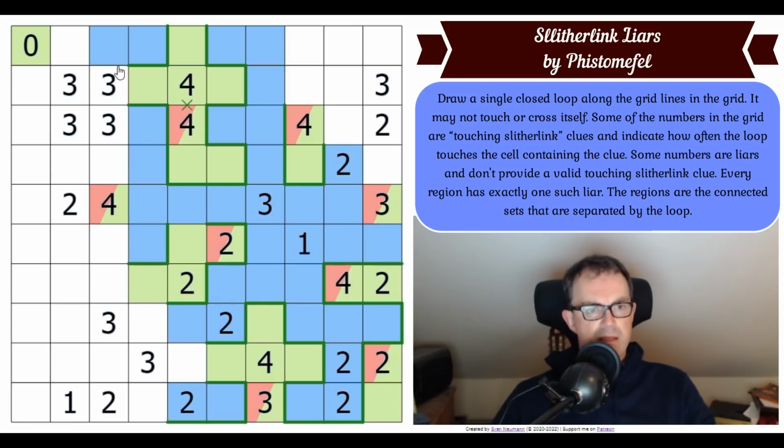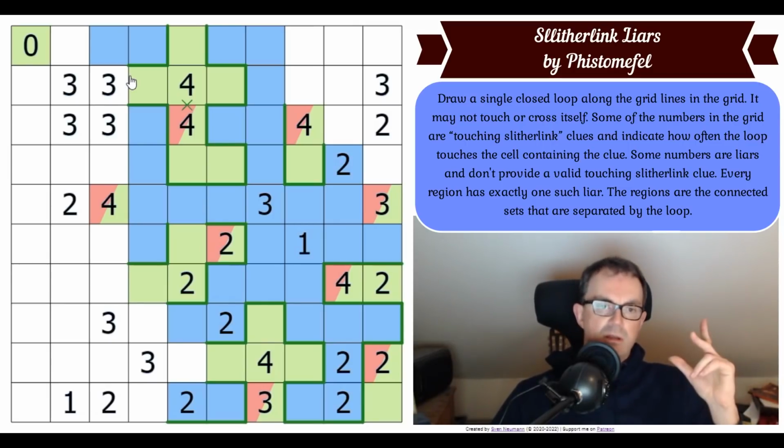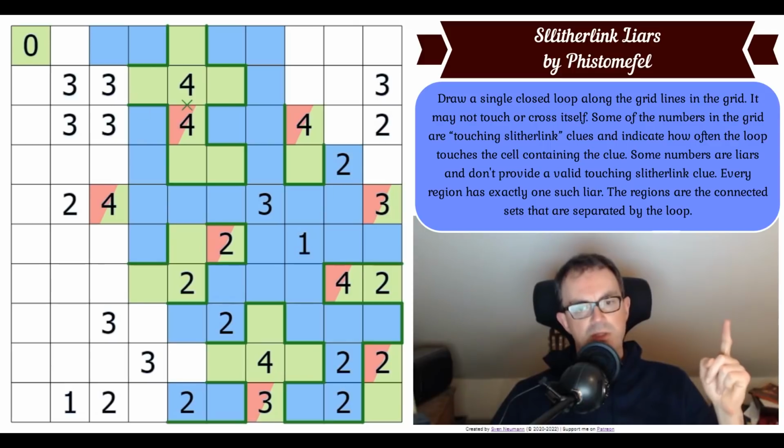And probably we're almost at the point where we can ask questions about the nature of, well, here's a point, here is a point, that is true. That is a true clue. And the reason that's a true clue is if this is green, it's in a region with an incorrect clue, so it's true.